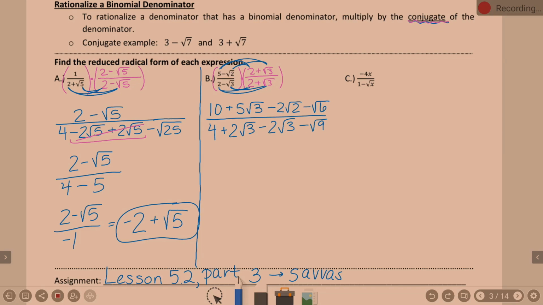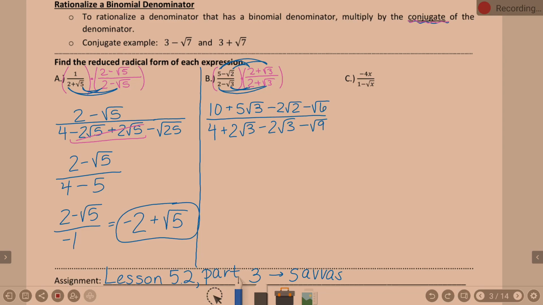Okay. Well, let's see. Let's start with the top. I have a 10. I have a 5 square root of 3. I have a 2 square root of 2 and a square root of 6. Does anything clean up there?